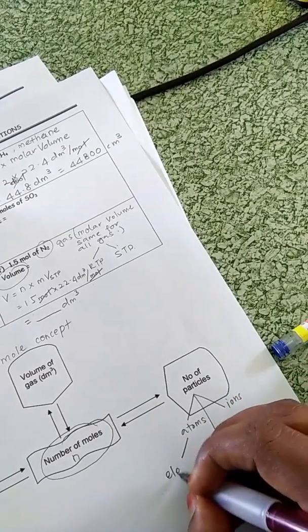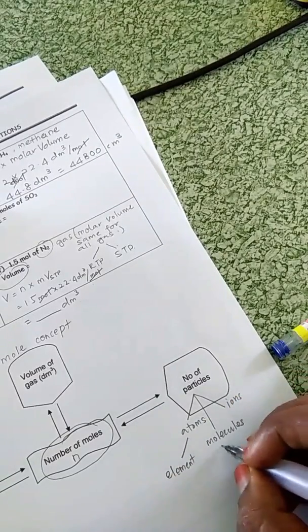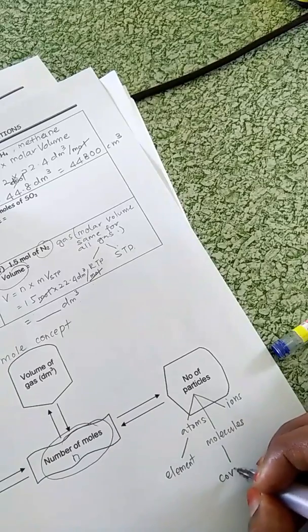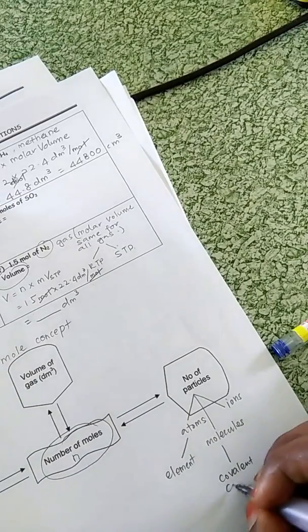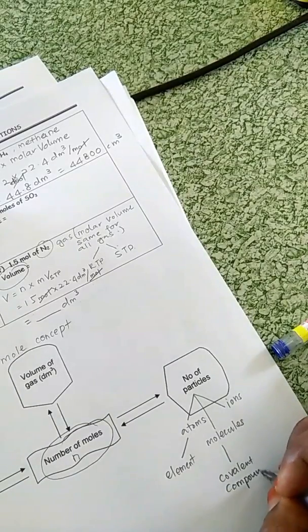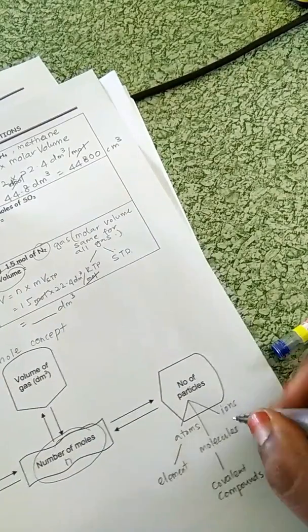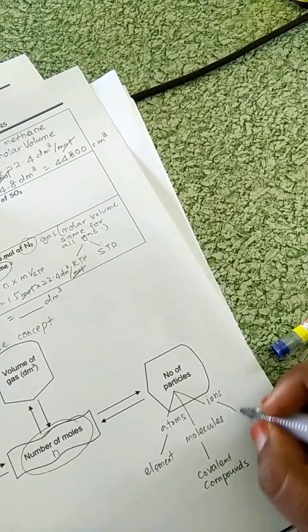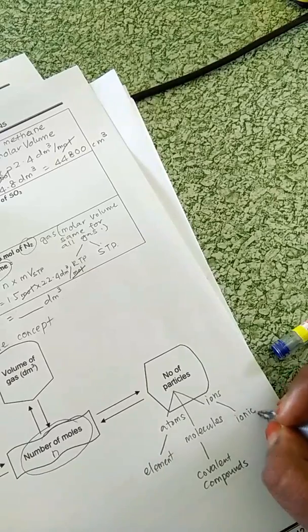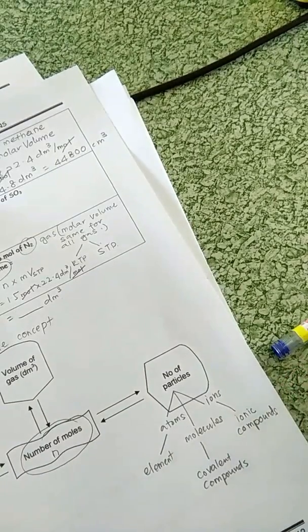Atoms are for elements, molecules for covalent compounds, and ions for ionic compounds. Okay, clear about this?